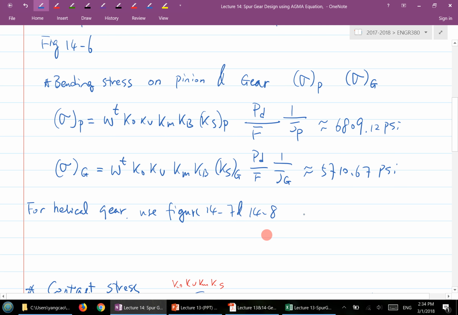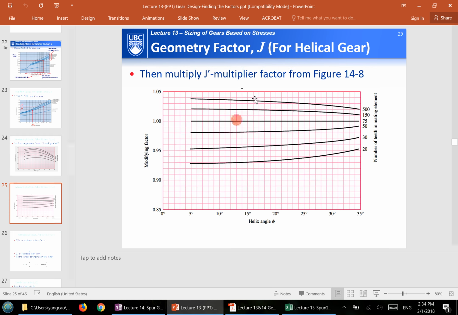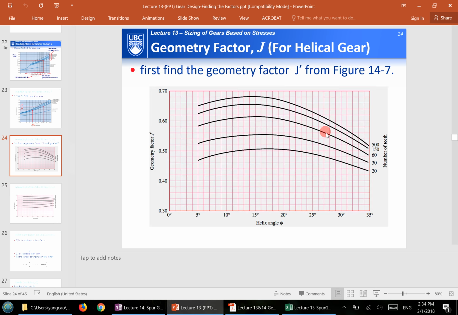Use these two figures to find the G value. The first figure, 14-7, is called the geometry factor G prime. 14-8 is called the G prime multiplier. So whatever value you find from 14-8, you multiply by the value found from 14-7. Then overall, that will give you the G value, the form factor.